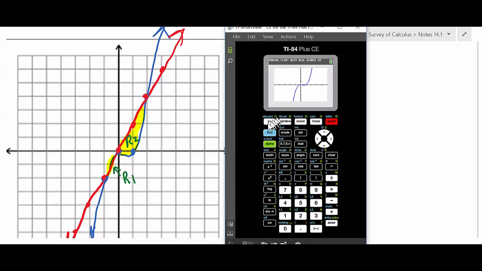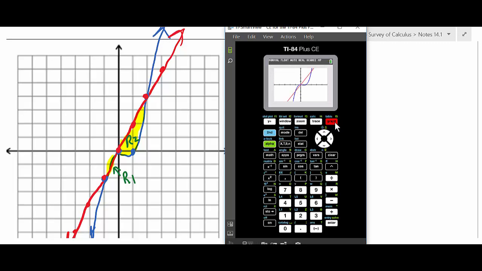Okay? The reason I'm doing that is because the order of the curves is a little bit different. On my graphing calculator, one thing I'm going to go ahead and do, and you should do too, is just go ahead and graph 2x. And then let's take a look at it and make sure that these regions are looking right to us. So I'm going to go ahead and add in the 2x.